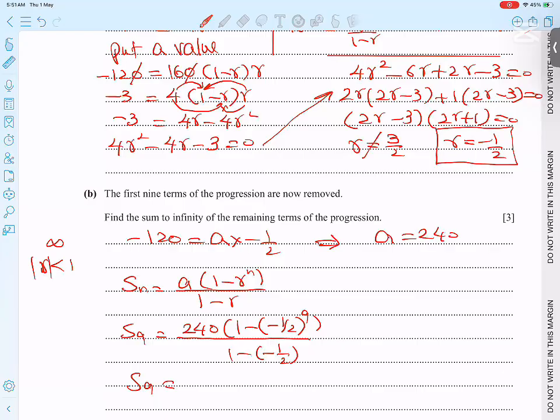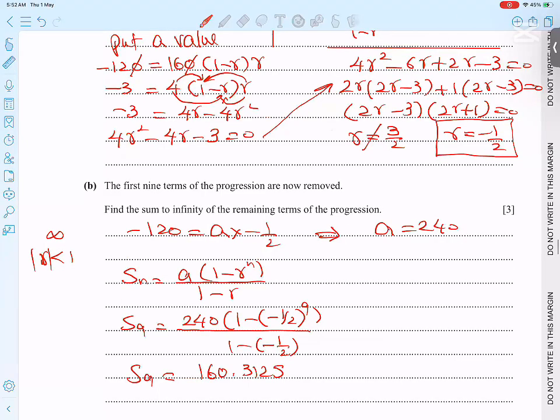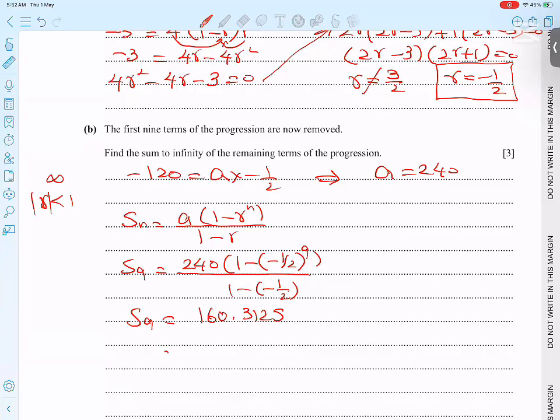If I check it in my calculator, what is the value I get? 240 times (1 minus negative 1 over 2, and the power is 9), and in the denominator I have 3 divided by 2. I get the value 160.3125.